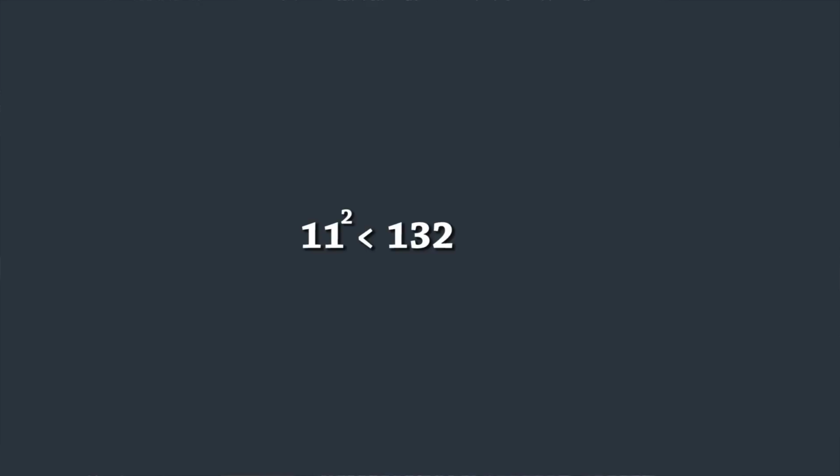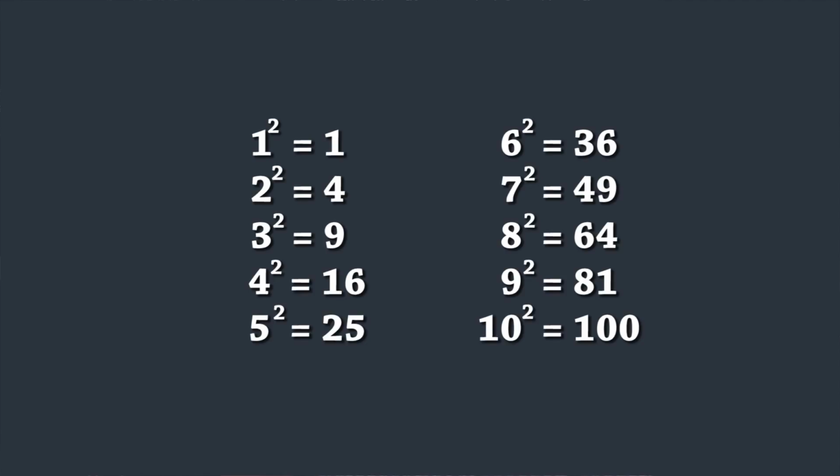Since 11 square is less than 132, this gives the hundredth and tenth digits in the answer as 1, 1. Step 4. Here the unit digit is 5, and 5 appears in the list of squares at 5 square only.